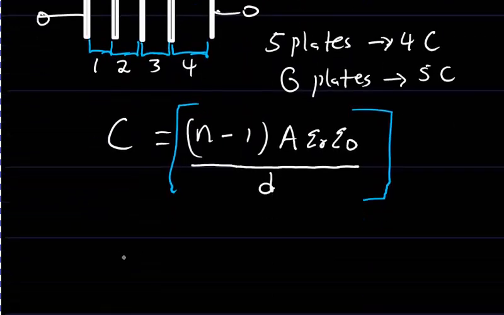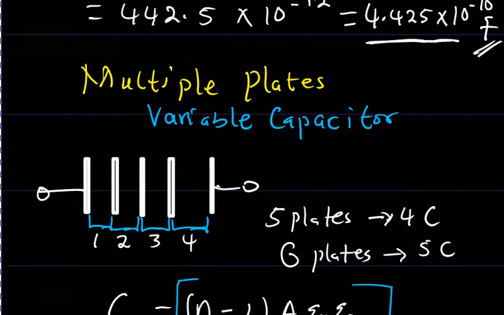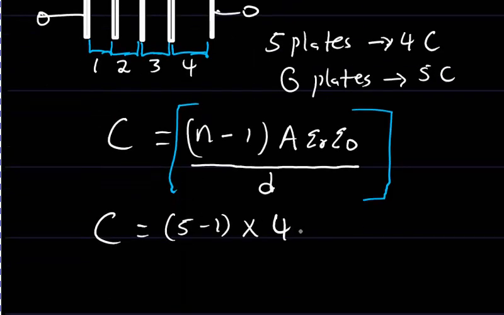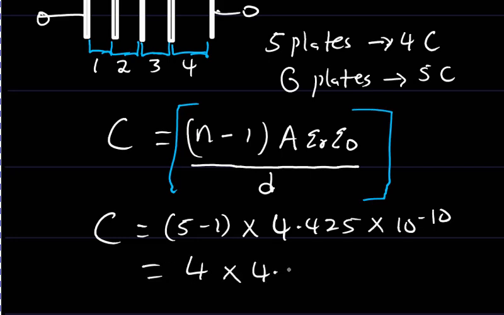Simple. Since there are 5 plates, that's 5 minus 1, then multiply by the capacitance that we've already calculated, 4.425 times 10 raised to the power of minus 10. So which of course is 4 times 4.425 times 10 raised to the power of minus 10 farad. So please take note of that.